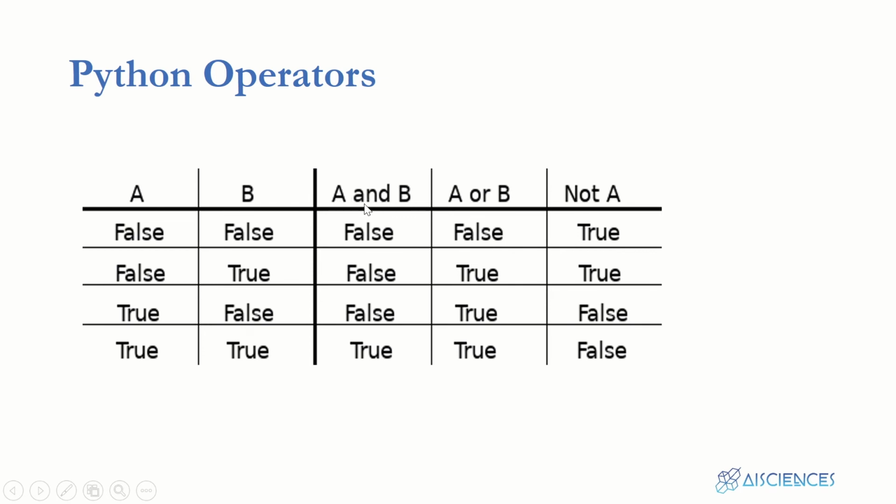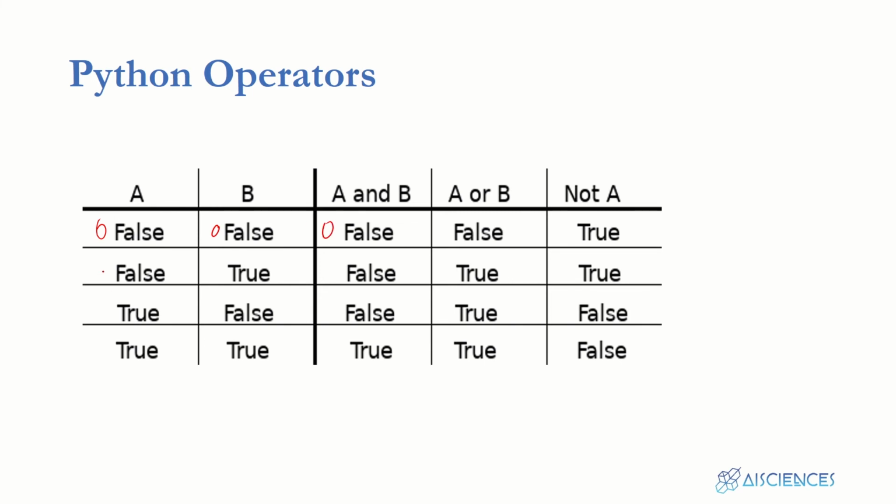So if we take AND, it actually multiplies both of the things. If we take OR, it actually adds up both of the things. So false and false is false in the AND operation because it multiplies. False is equal to 0 and true is equal to 1. So if I multiply 0 with 0, it results in 0.